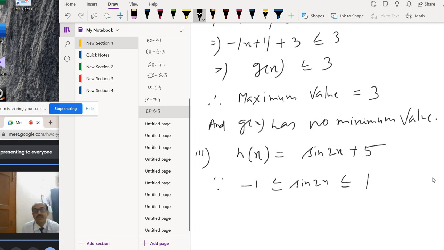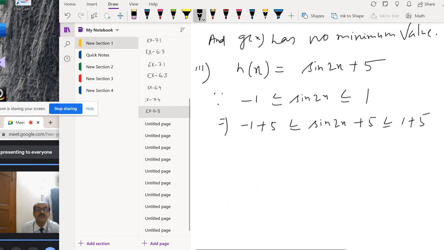Okay, this is clear? Now add plus 5 to both sides: -1 plus 5 less than or equal to sine 2x plus 5 less than or equal to 1 plus 5.